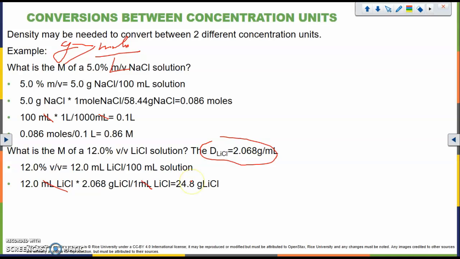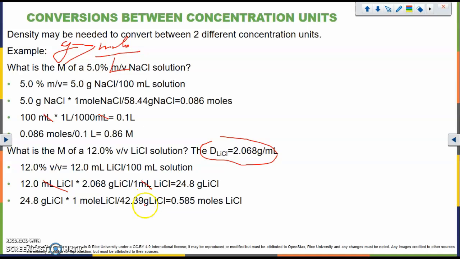Here's another note as well. If you have an ionic solid, the mass of the ionic solid is going to be greater than the actual volume of the ionic solid. Then the next step is we're going to go from grams into moles. Again, this is using the molar mass of lithium chloride.